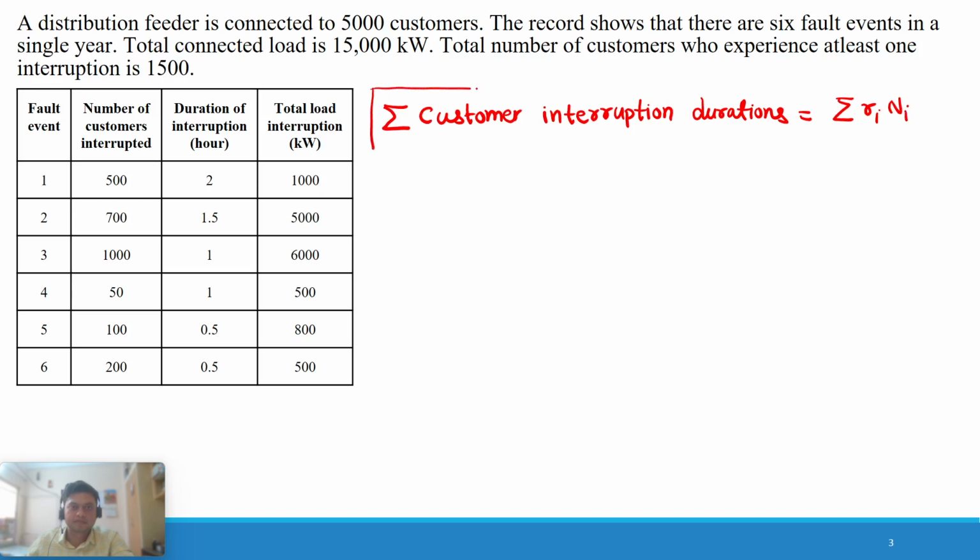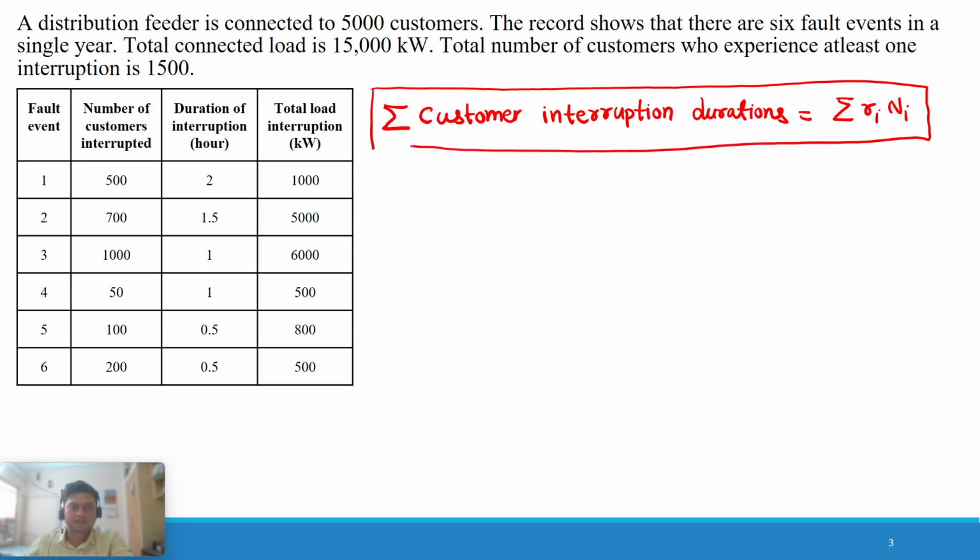All of you, please try this customer interruption durations. You have to multiply the duration of interruption with the total number of customers interrupted in each event, in each fault event.